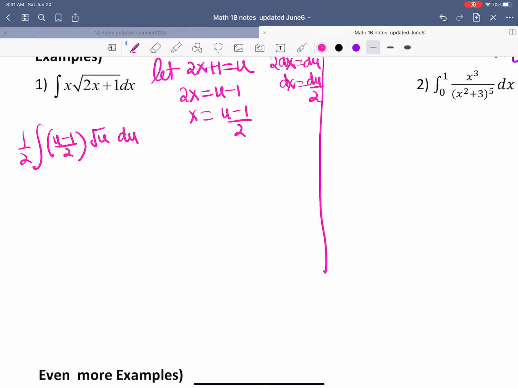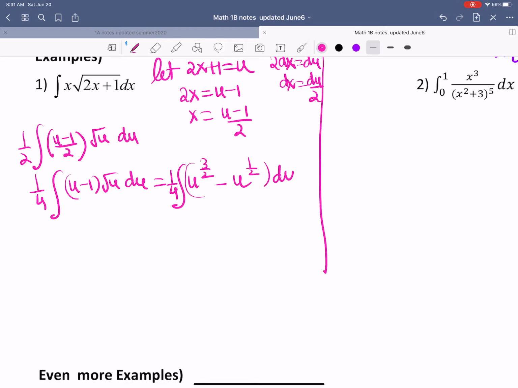Okay, so I can pull the 2 out. So there's my 1/4, and I have u minus 1 times square root of u du, which turns out to be 1/4. U times square root of u is 1 plus half, which is u to the power 3 over 2, minus u to the power 1/2 du.